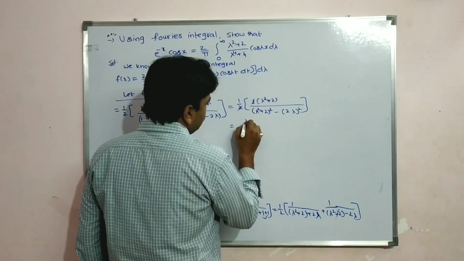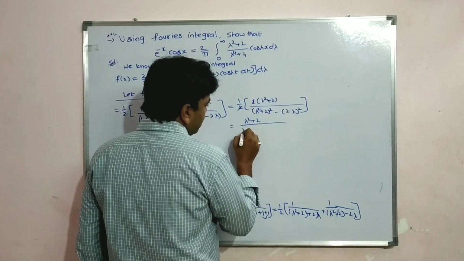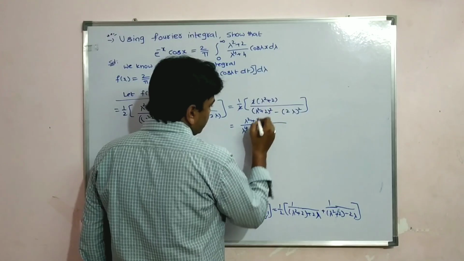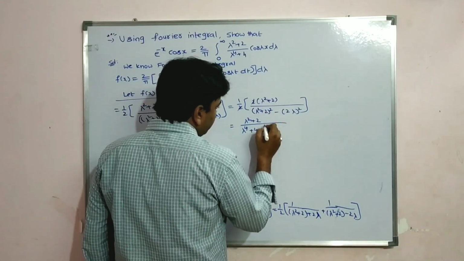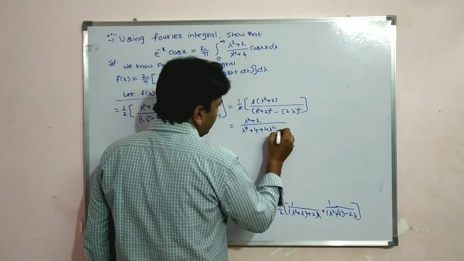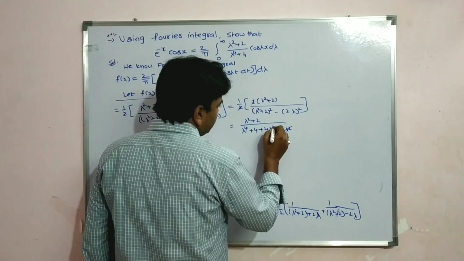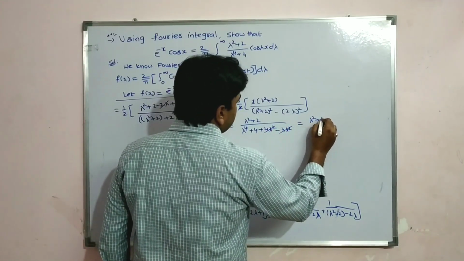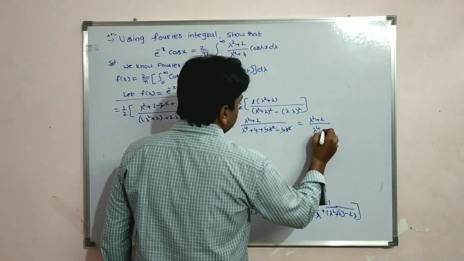That is equal to lambda square plus 2 divided by, we expand the lambda square whole square, so lambda power 4 plus 2ab, so 4 lambda square, minus 2 lambda whole square, so 4 lambda square. So minus 4 lambda square plus 4 lambda square cancel. So we get here lambda square plus 2 divided by lambda power 4 plus 4.